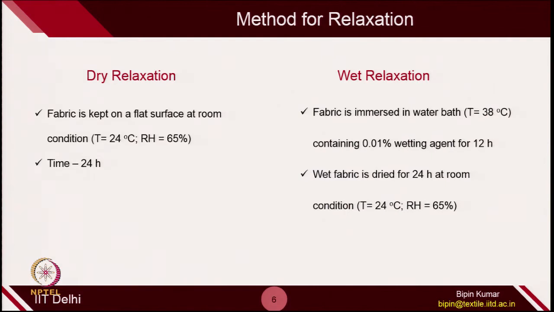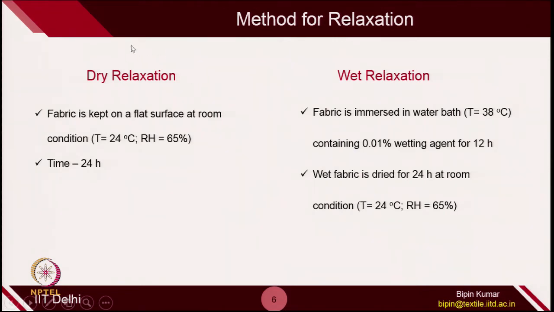In relaxation, the moment you take the fabric out from the machine, you can place it on a table and let it relax. There are two methods through which you can relax the fabric, because the yarns in the fabric are under very high stress conditions. So you need to give sufficient time to the fabric so that it can relax.